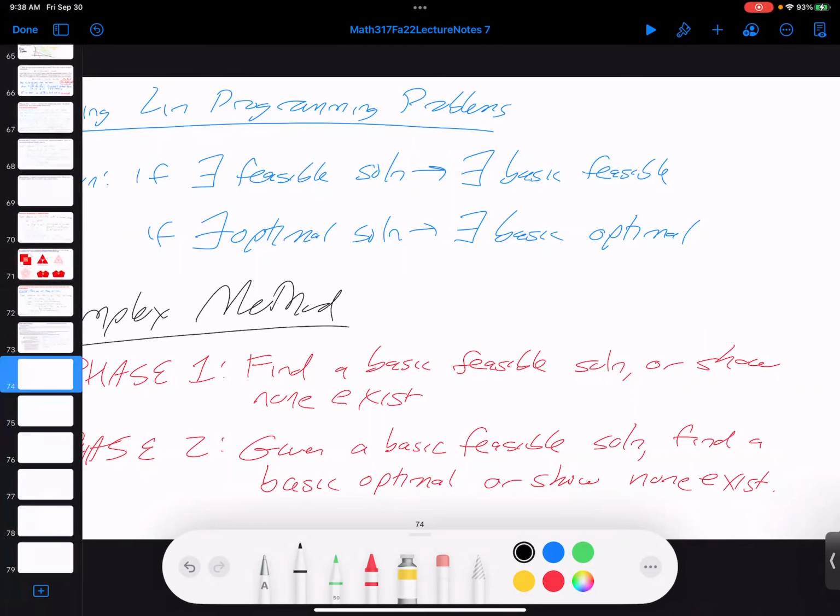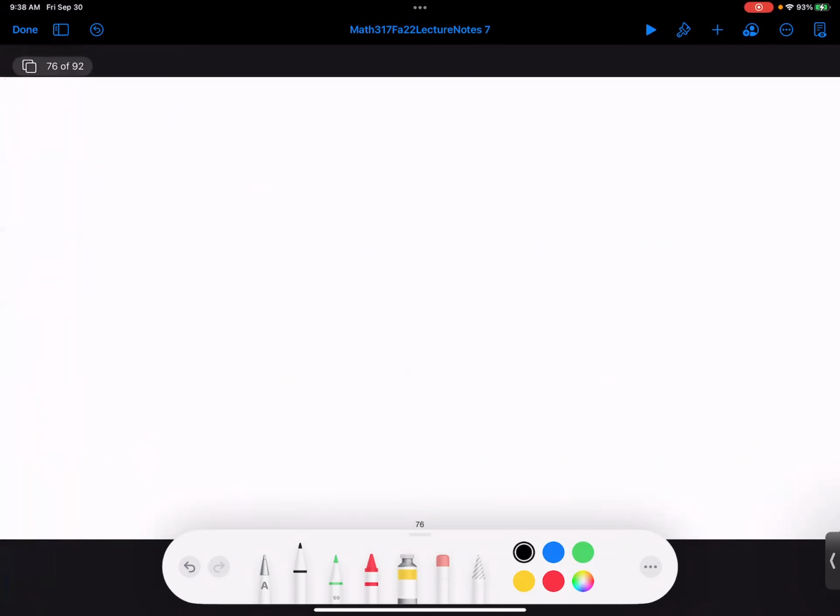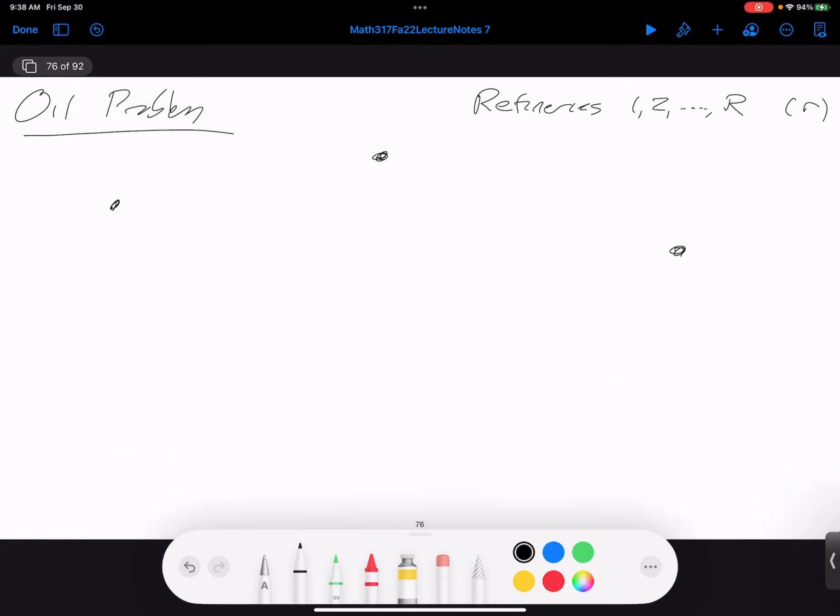So for the last few minutes today, I wanted to talk about trying to actually write down some constraints and actually setting up a problem. So let's do the oil problem. And this might be in the book, but let's imagine we have a couple of refineries. Let's go 1, 2, ... capital R, and we'll label them by lowercase r.